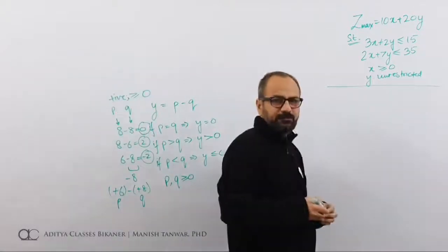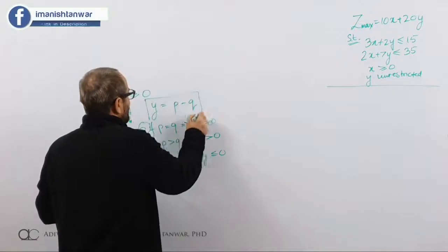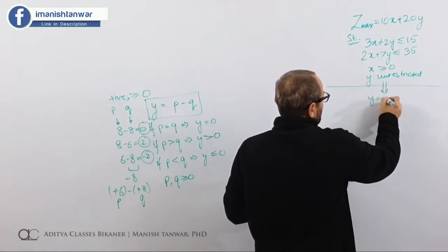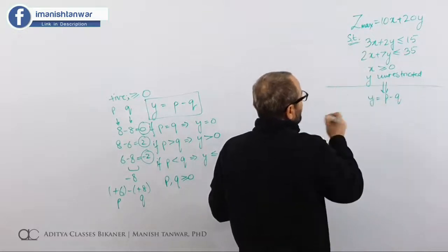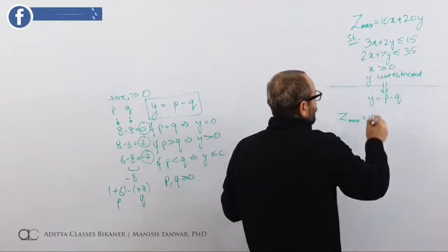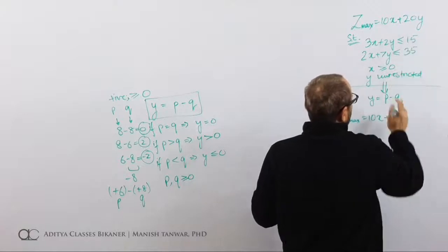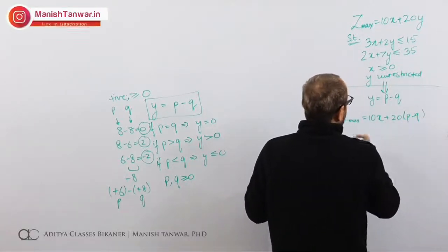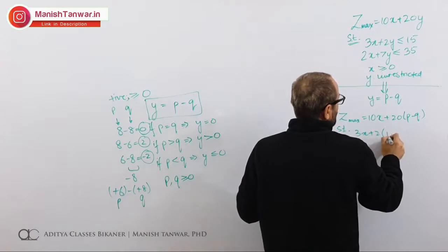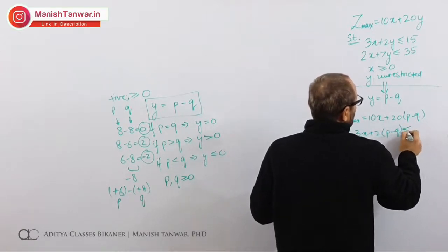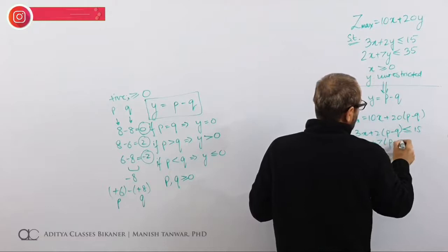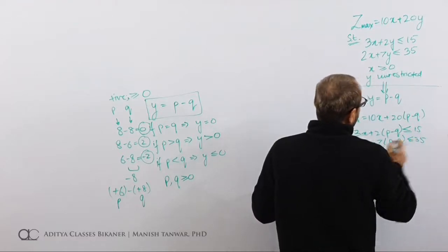Now if you are making this substitution of y is equal to p minus q, then this formulation changes. What I am saying is, y will be replaced by p minus q. So this complete formulation changes, and this reduces to z max is equal to 10x, x is not changed, y becomes 20, instead of y, I will be putting a p minus q, subject to 3x plus 2 p minus q less than equal to 15. 2x plus 7, instead of y it will be p minus q, less than equal to 35.